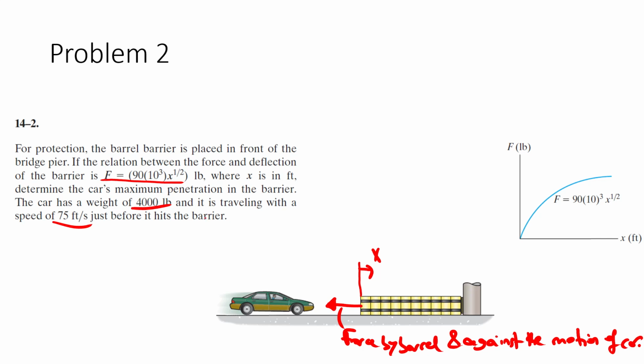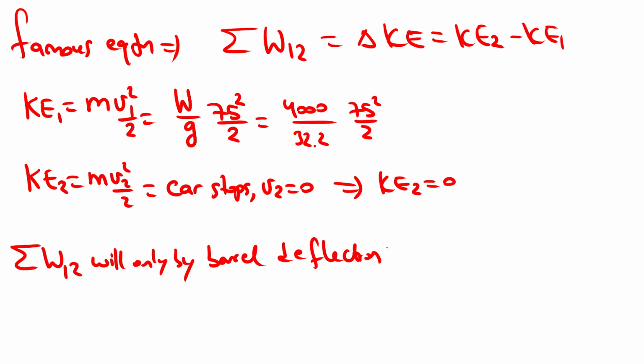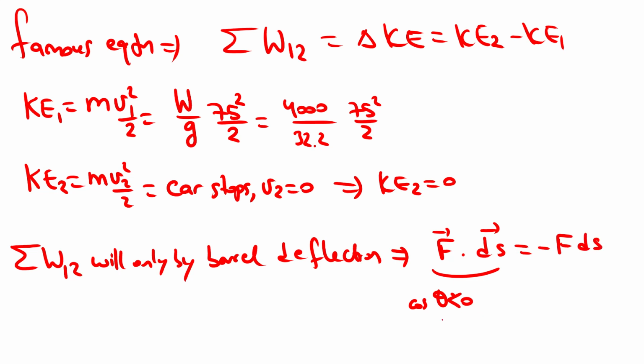So the work is F times ds, and cosine theta is less than 0, therefore I will write this as negative F times ds, because theta is 180 degrees.